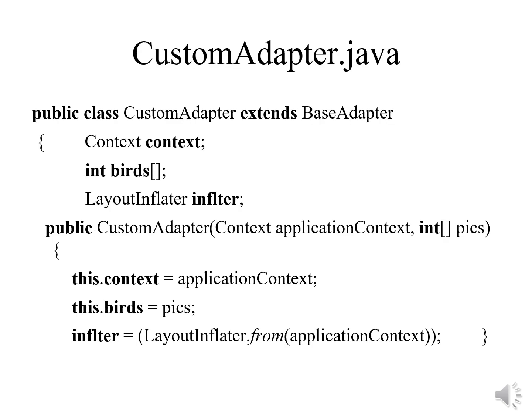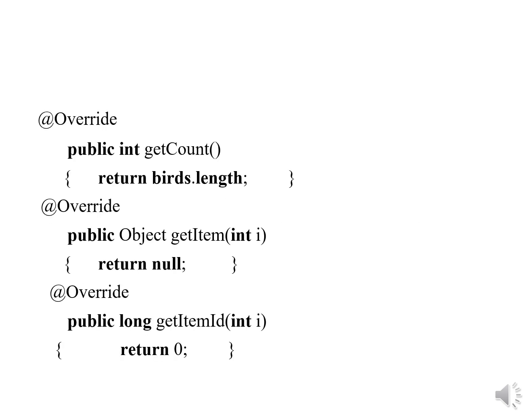This is the code for custom adapter. Custom adapter is a class that extends base adapter. Here the only thing we are doing is writing code for the constructor of the custom adapter class, and also overriding some methods called getCount, getItem and getItemId, which are defined in the base adapter class.